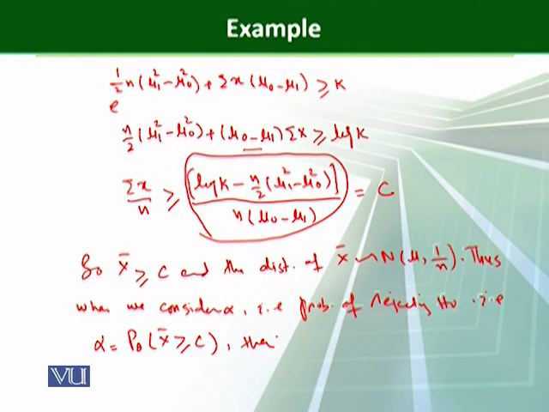Then, as we know that x bar follows the normal distribution, under the null hypothesis mu will be mu naught and variance is 1 over n when H naught is true.